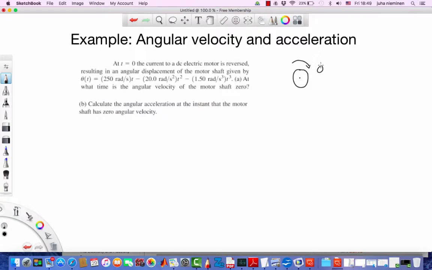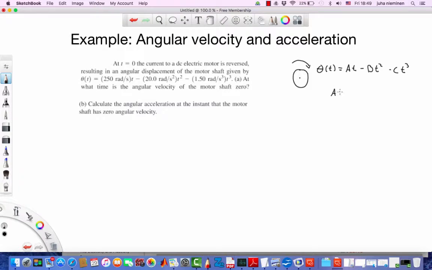So the angular displacement at any given time is expressed like this: some constant times t, minus another constant times t squared, minus yet another one, c times t cubed.